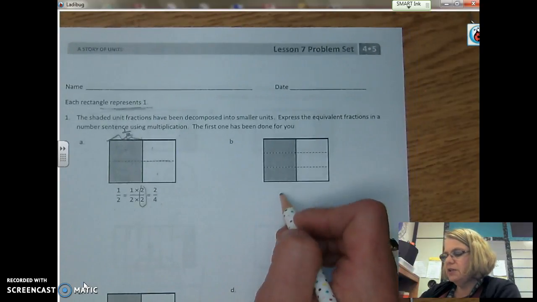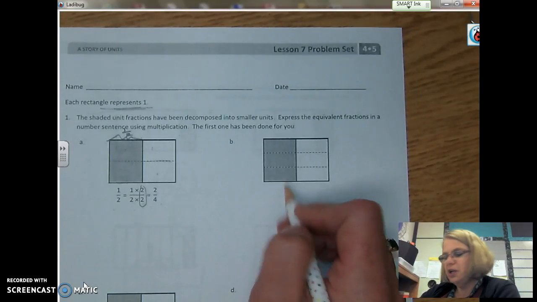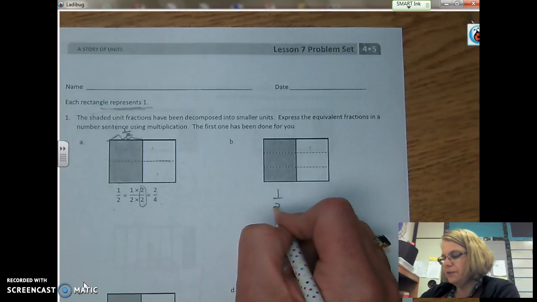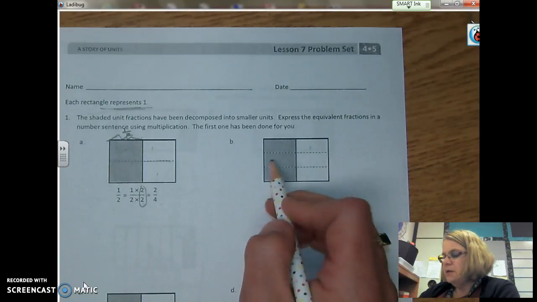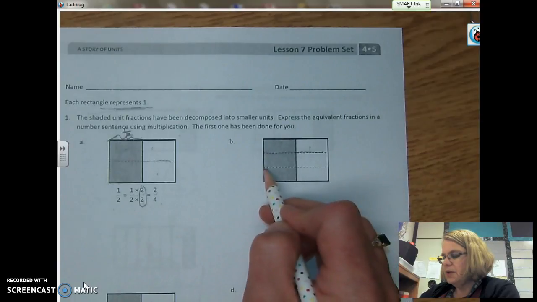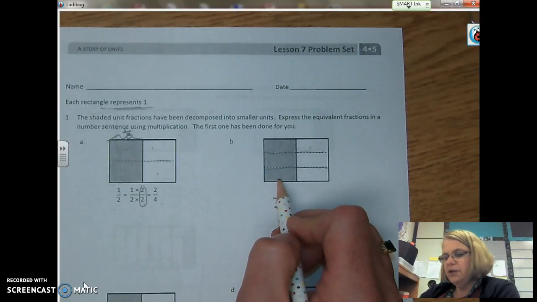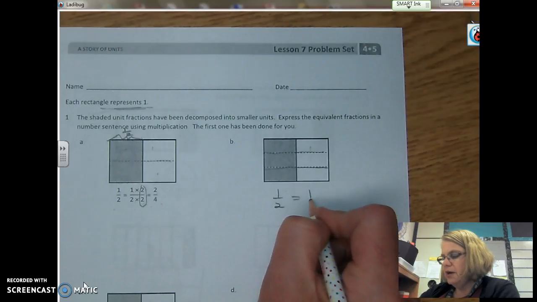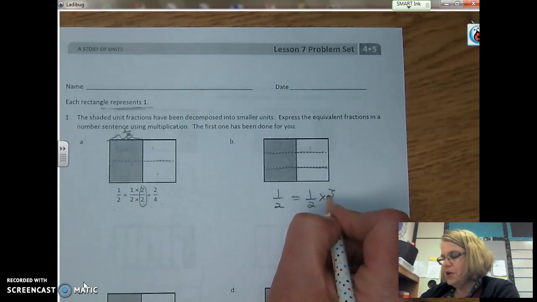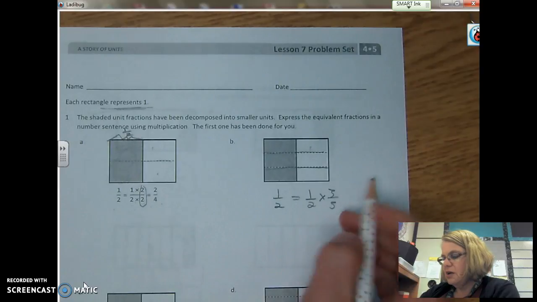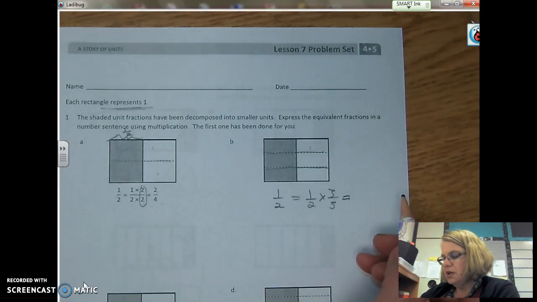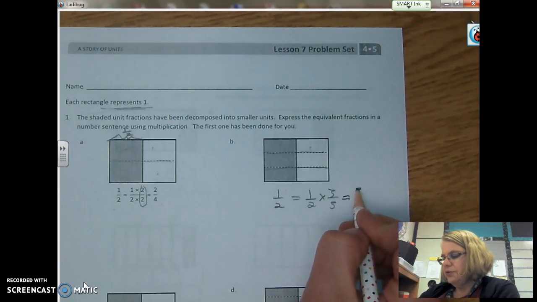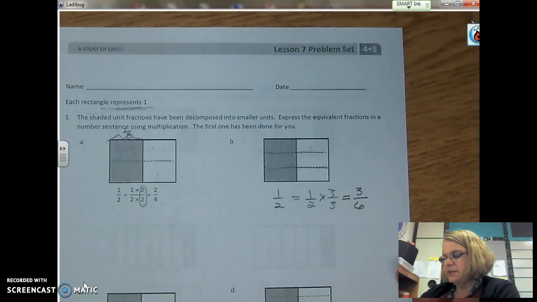So if we go over to this one, our original fraction is still 1/2. But this time, we divided it into 3s. So that equals 1/2 times 3 over 3, which equals 3 over 6.